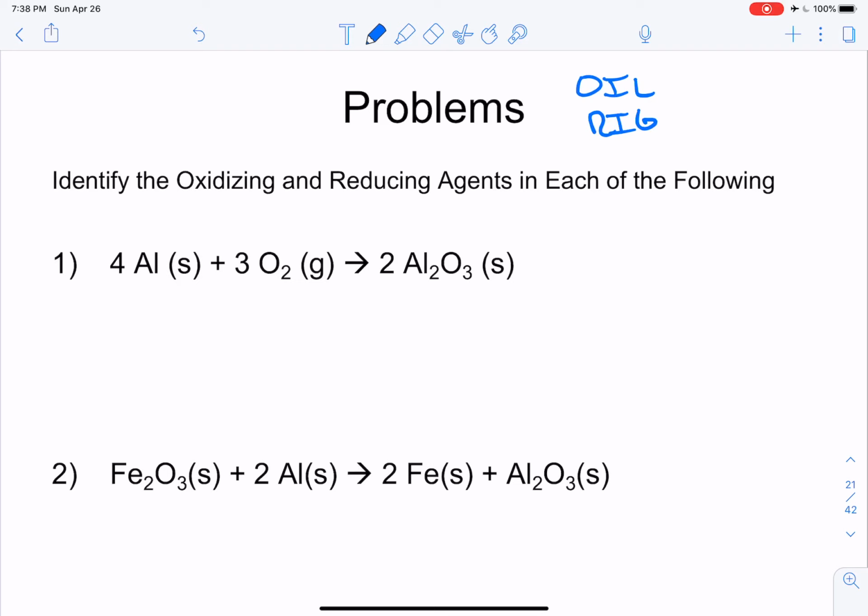So what we have to do is take a look at what each element is doing on its own. Now, in order to do this, we're going to say, okay, what is aluminum doing? We're just going to look at one aluminum at a time. Now, aluminum is in its natural state there. It's a solid, it's not in a compound.